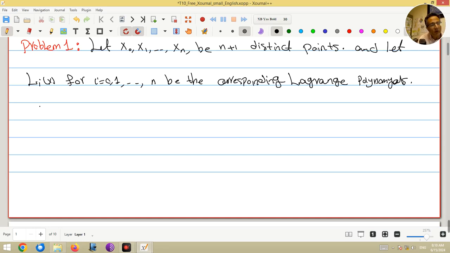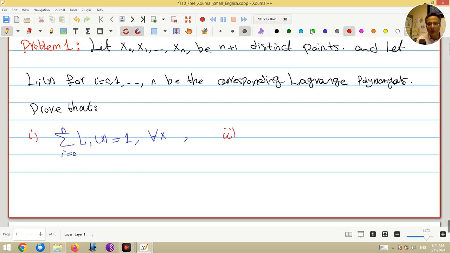What do we want? Prove that. We want to prove two things. First, we want to prove the sum over i from 0 to n of Li of x is equal to 1, and this is true for all x.